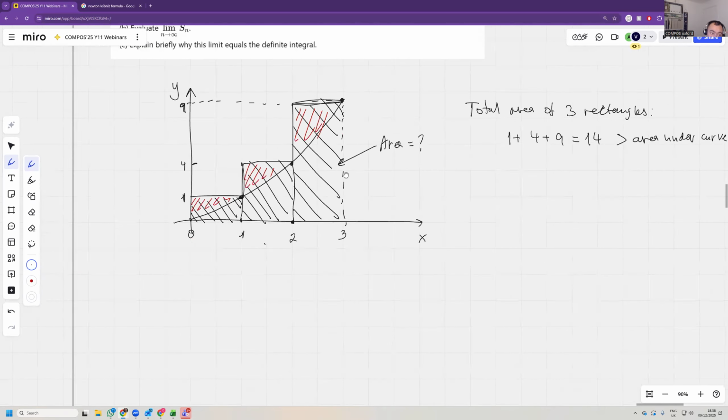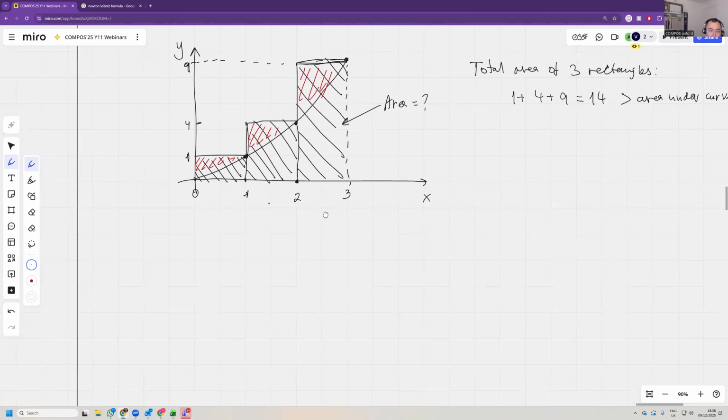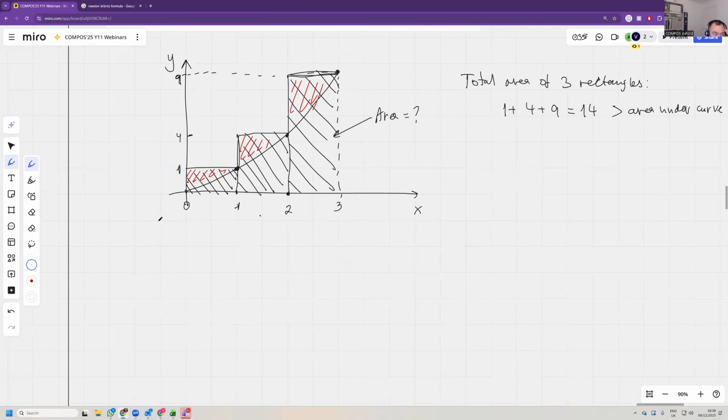But what we do next is we reduce the width of the rectangles to 0.5.